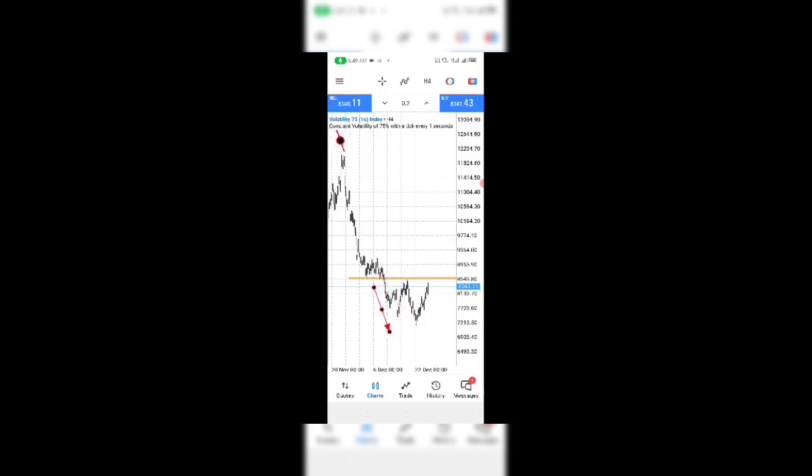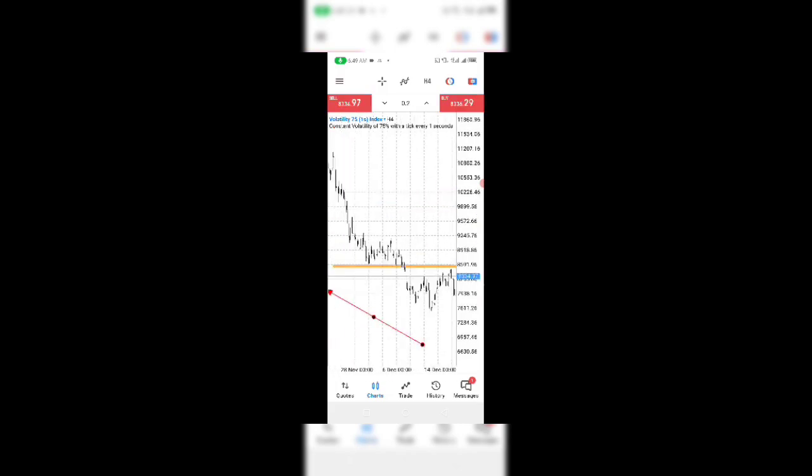You are not trading inside these structures because they are full of indecision. If you buy here, what if it sells? Or if you sell here, what if it buys? So it is in a state of equilibrium inside this zone that I drew in the H4.